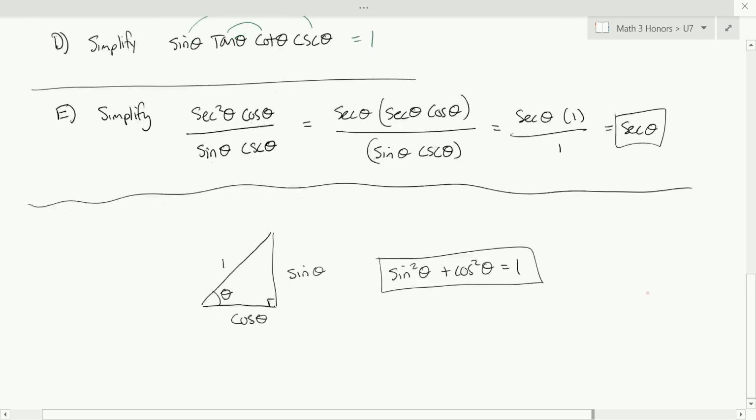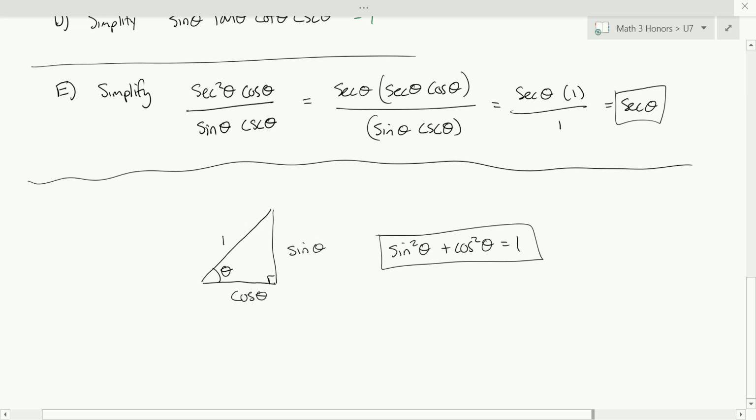Now, if we take that and we divide everything by sine squared, we can change the way that looks. So if I divide each of these pieces by sine squared, I get sine squared theta over sine squared theta plus cosine squared theta over sine squared theta, because you can divide both sides of the equation by the same thing.